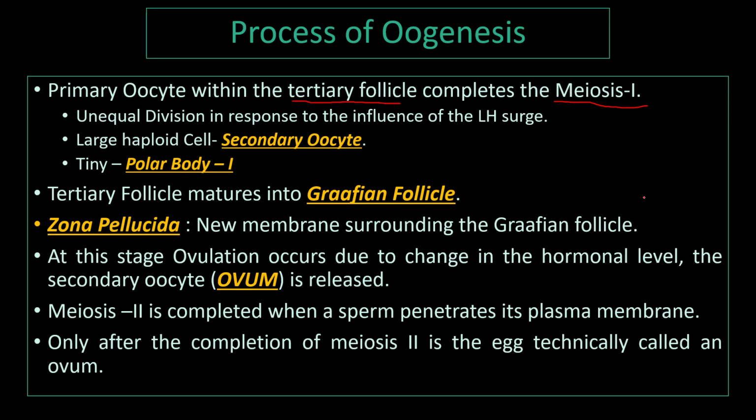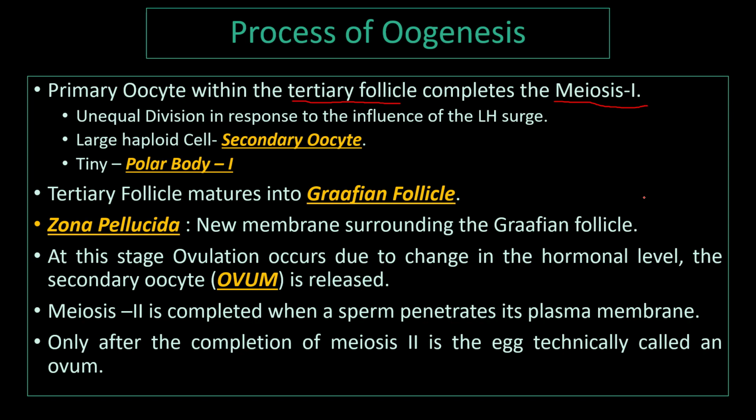As we understood in the previous slide, it is in the prophase 1 of meiosis 1 that the development is arrested. So now the development of the primary oocyte continues by completion of meiosis 1.